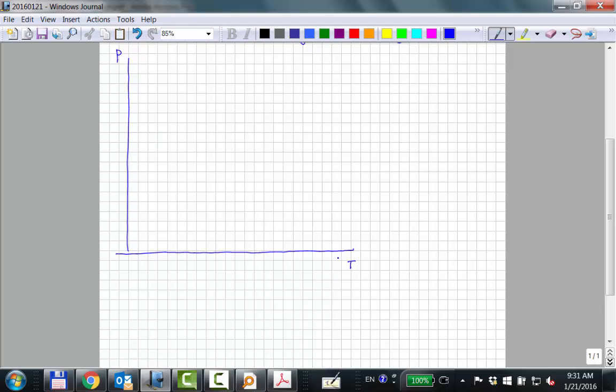Okay, so pressure temperature. I'm going to make a sketch. If I'm lucky, it'll work out, and then this thing here down below is going to be hugging the axis, something like that.